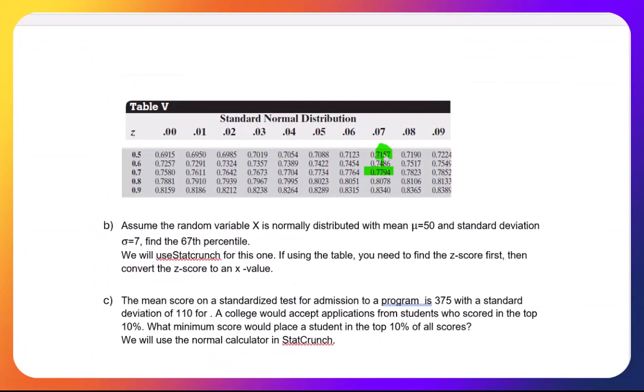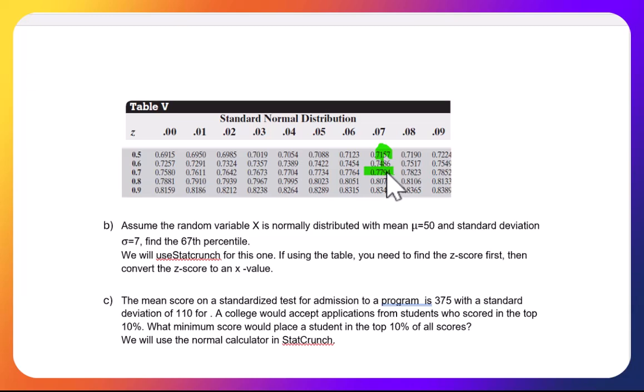Now, if you want to use the table, bring table 5 back, go inside the table and look for an area that is 0.78. You're not going to find exactly 0.78, you're going to find an area close to 0.78. This is what I found, guys: 0.7794, which is the closest to 0.78.